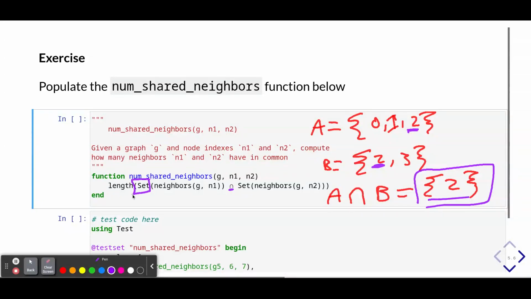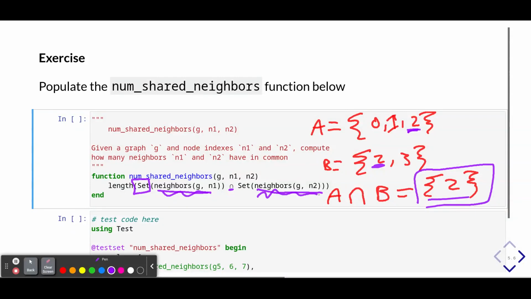And the function set here constructs a Julia set that behaves very much like a mathematical set. So if we get all the unique neighbors of n1 and all the neighbors of n2, we find the union, meaning which nodes in this set of neighbors also appear in this set of neighbors.